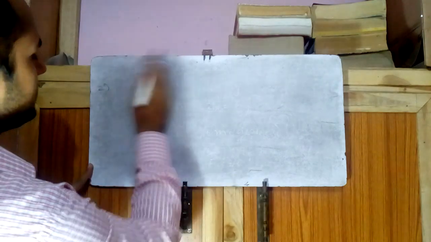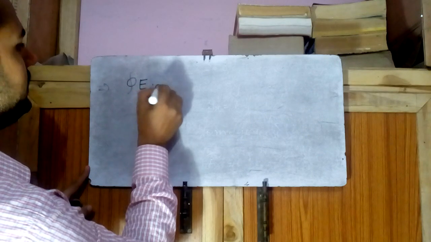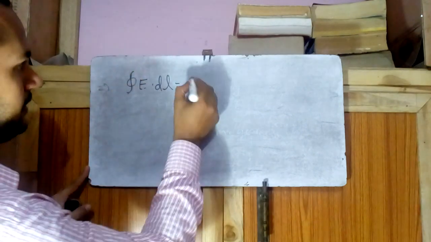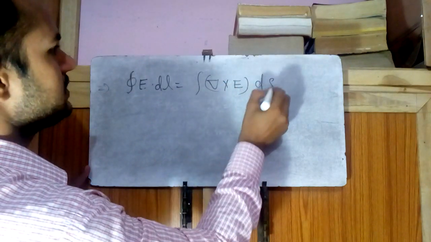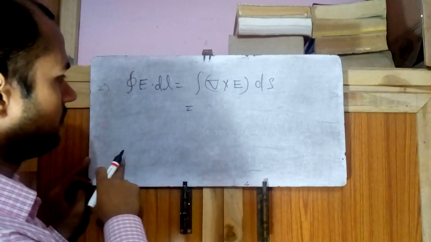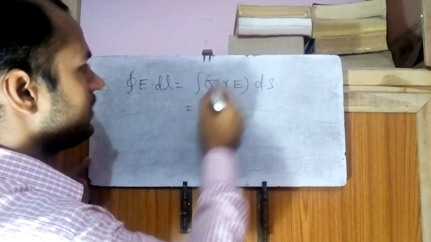So let's use Stokes theorem, closed integration of E dot dl. Applying Stokes theorem, it becomes del cross E dot ds, right? Del cross E is 0, I have proved it here, so the whole term is 0.